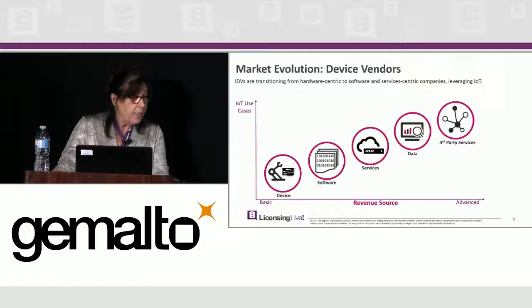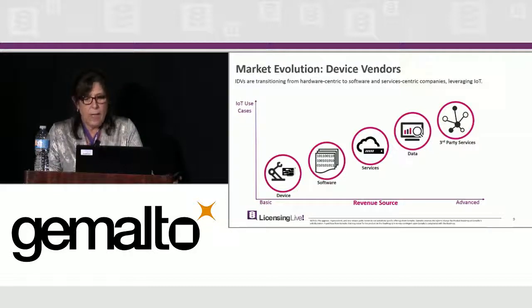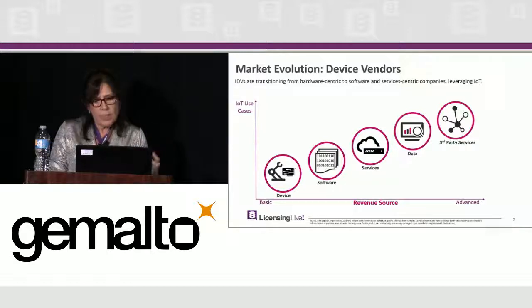So in terms of the market evolution for device vendors, here the story is a bit different compared to the evolution of software vendors. In order to survive, and definitely looking ahead into the IoT world, device vendors need to go through a transformation whereby through innovation and differentiation, and they need to do this via software, services and data.